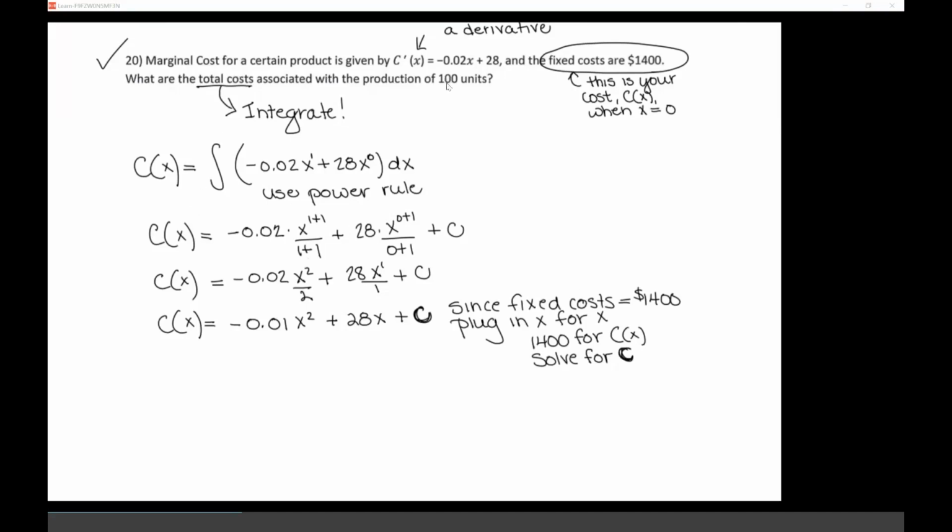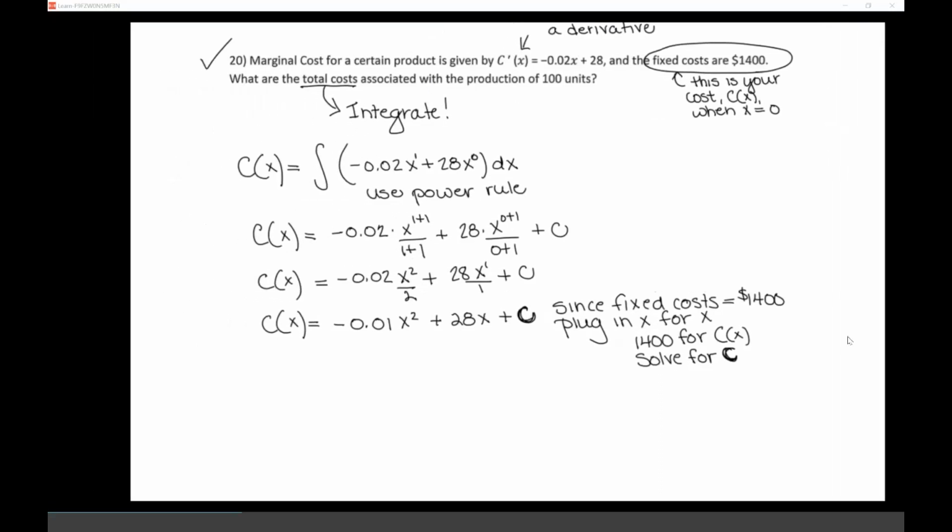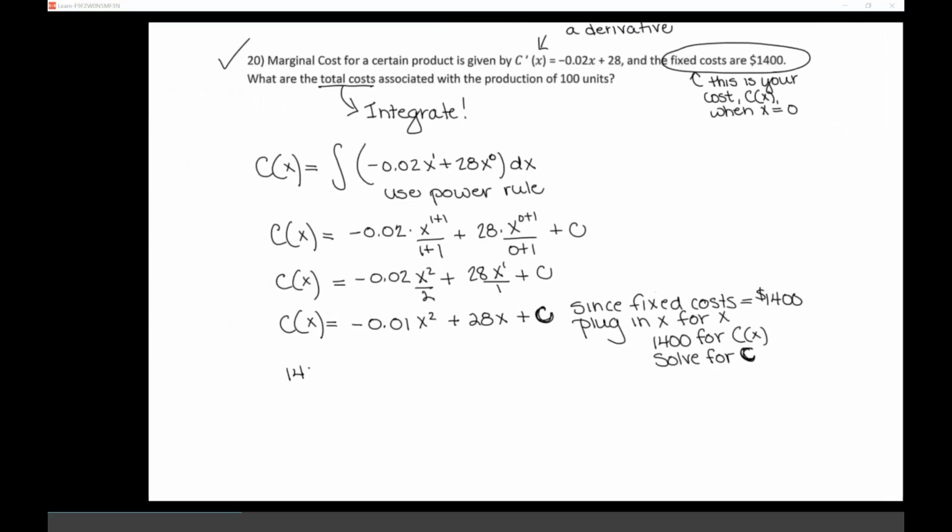Take a look at what they want to know next. What are the total costs associated with the production of 100 units? If I had C floating around in here, I couldn't answer this question because I don't know what C is. But they gave me this piece of information about fixed cost, saying, well, when X is 0, my fixed costs are $1,400.